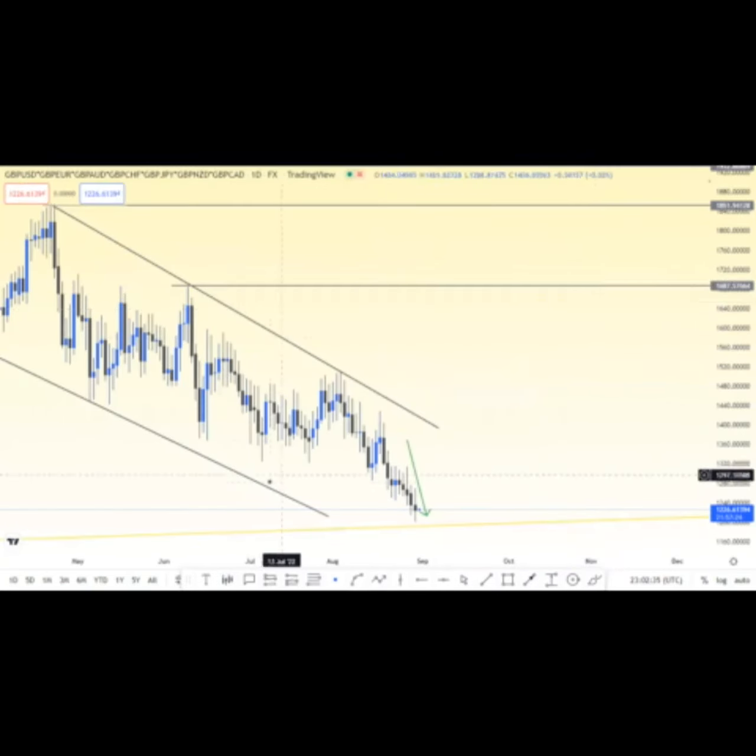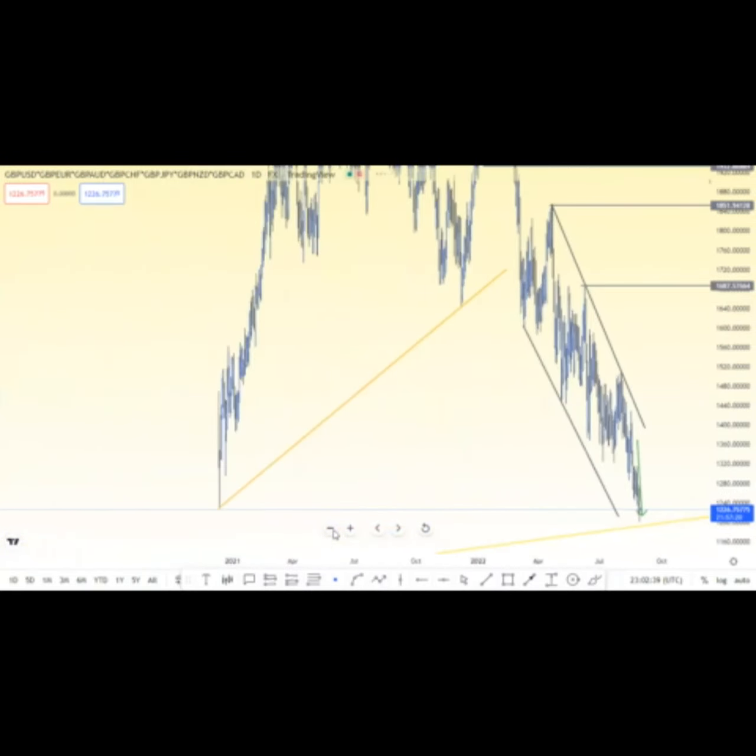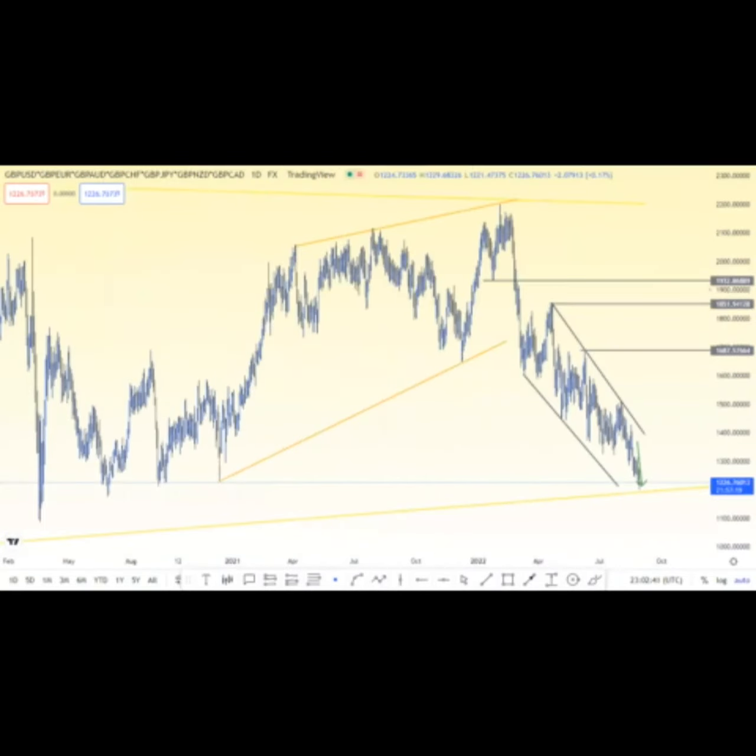Now this is the GBP fundamental. This is GBP against every pair, right? The GBP has been losing momentum, so we saw the JPY is bullish. Remember that we're looking for divergence.